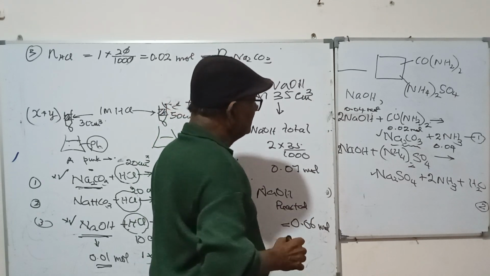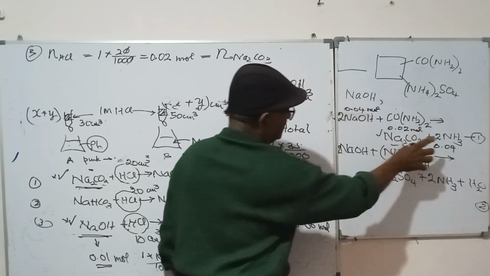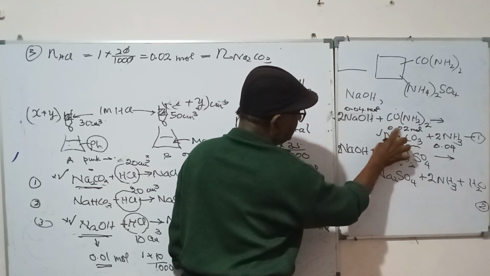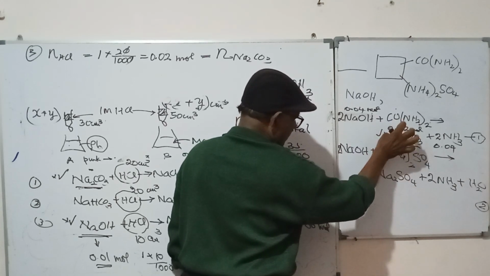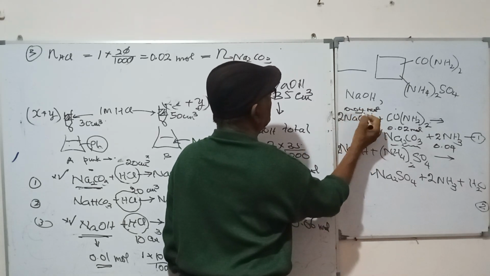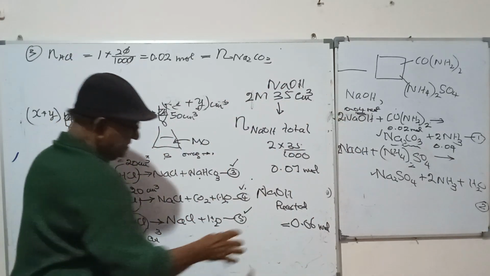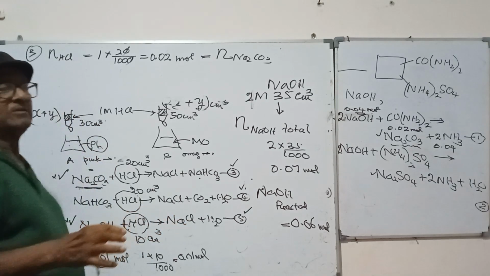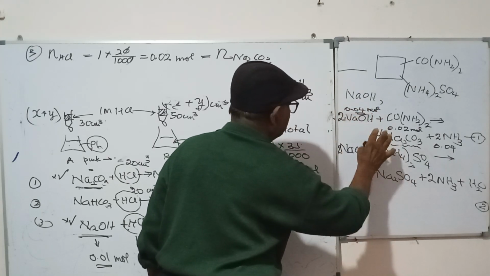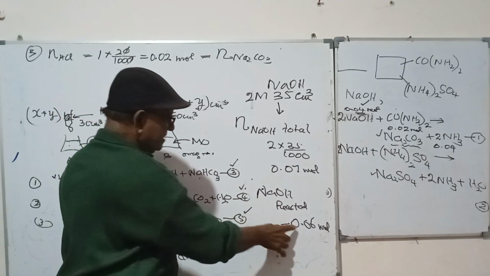Now consider the first reaction. We found the sodium carbonate moles 0.02. Do you remember? According to the stoichiometry of this reaction, NaOH moles should be 0.04. For both reactions, 0.06 was used. For the first reaction only 0.04 was used out of the 0.06.